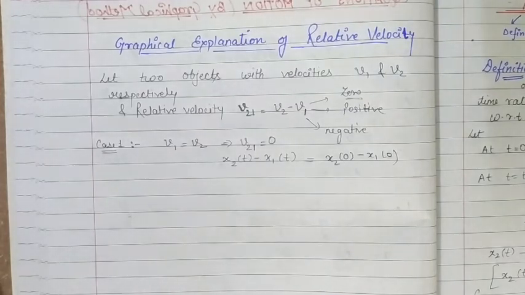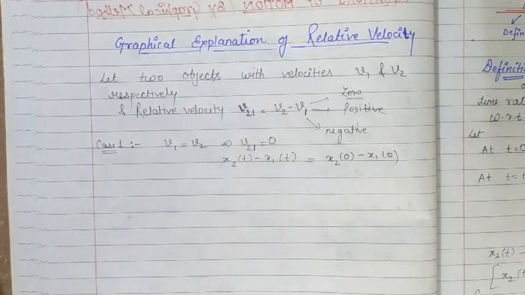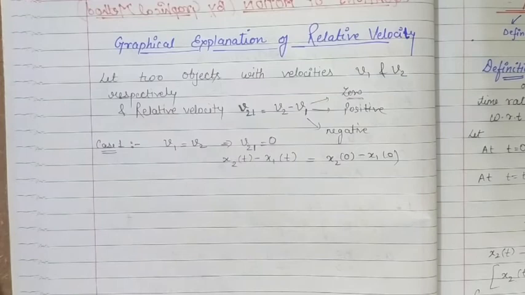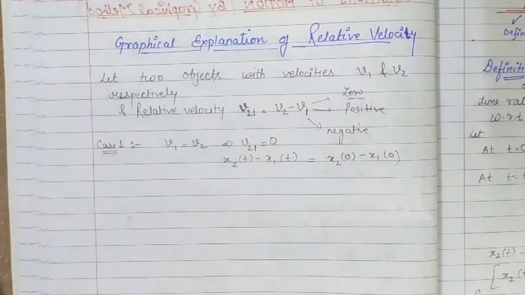They keep moving with the same velocity throughout the motion, and those velocities are the same for object 1 as well as for object 2. So the two objects remain a constant distance apart, and in such a condition the position time graph will be two parallel straight lines throughout the graph.